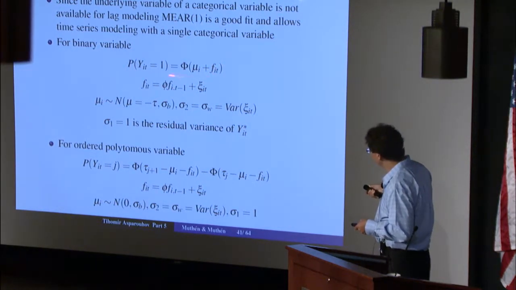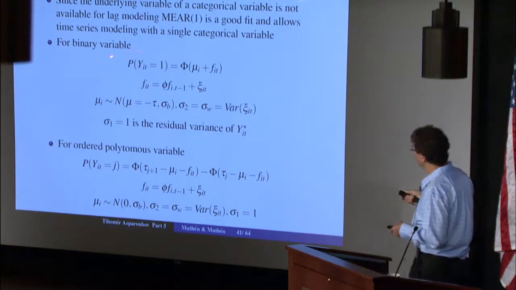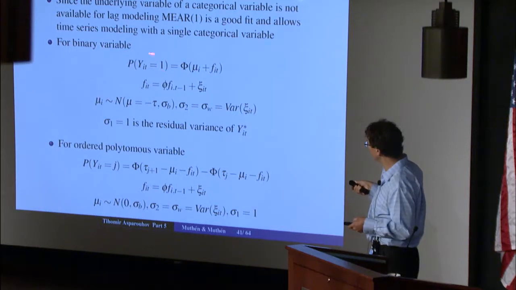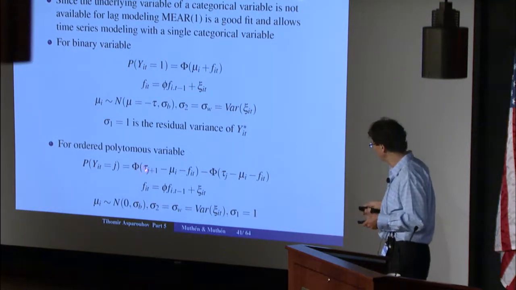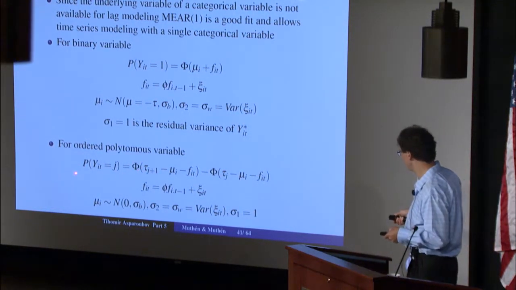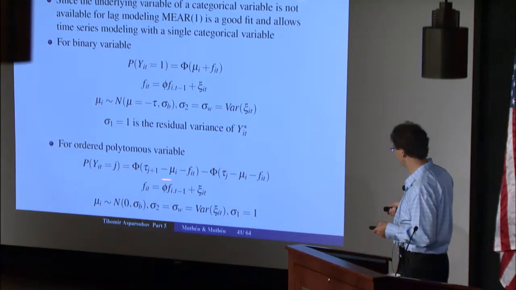And then this factor has its own autoregressive equation, and because of this equation, essentially you're building a time series model for that binary variable. With ordered polytomous variables, the same thing happens. You just have a slightly different probability of the ordered polytomous variable being in a category, which is the difference between these probit functions evaluated at the different threshold values.